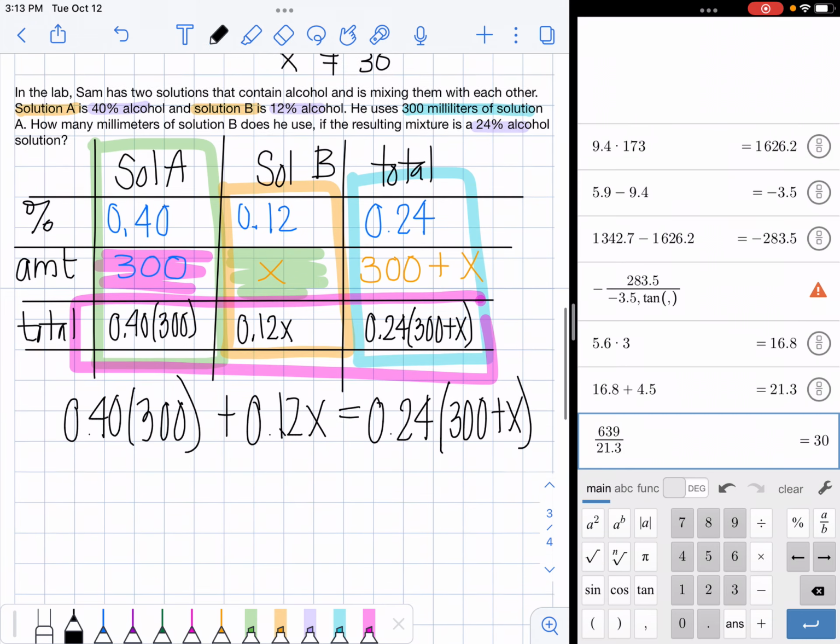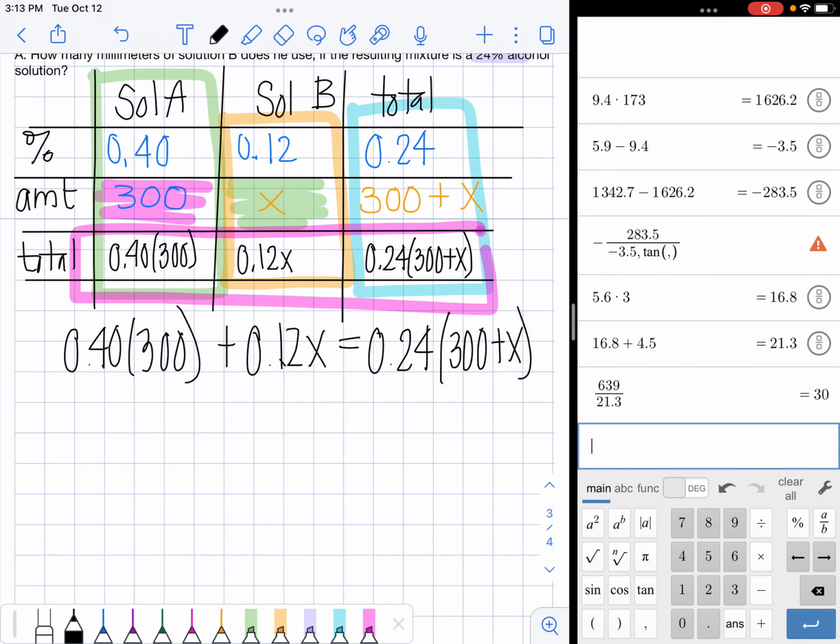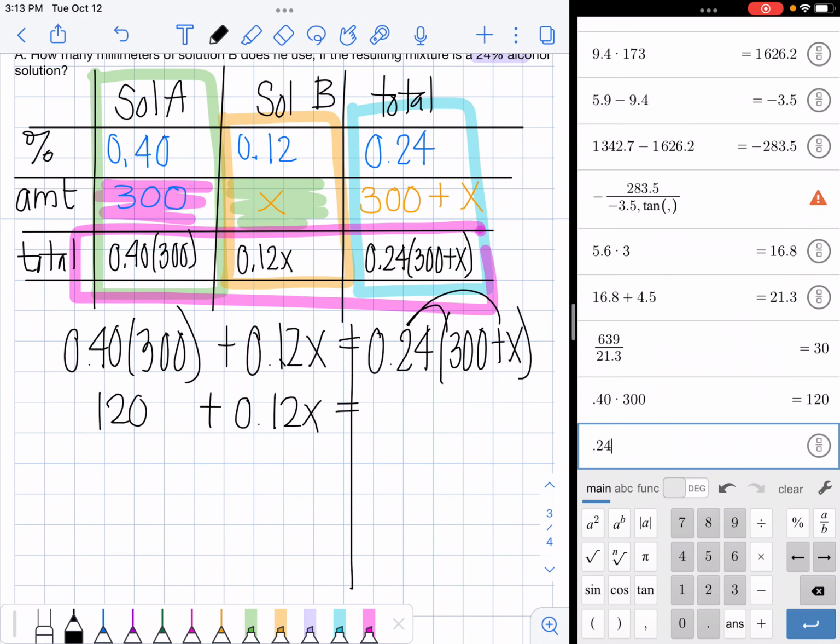Okay, now we have to do our math. 0.40 times 300 gives me 120, plus 0.12x, equals, and I'm going to distribute this 0.24, so 0.24 times 300 gives me 72, plus 0.24x.